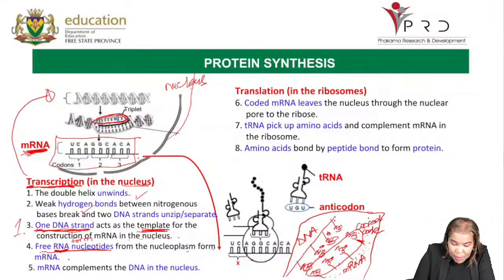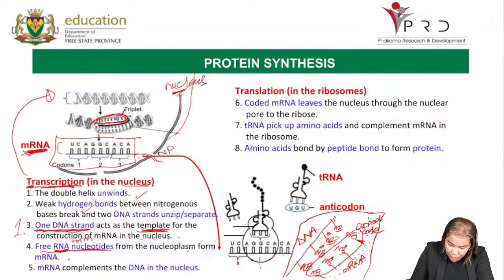Now, this mRNA must not stay in the nucleus. It must leave the nucleus through the nucleopore. This is the nucleopore. Attach itself onto the ribosome. So you are just finishing up the step to say that mRNA that we just formed is not going to stay in the nucleus. It is going to leave the nucleus and attach itself to the ribosome.